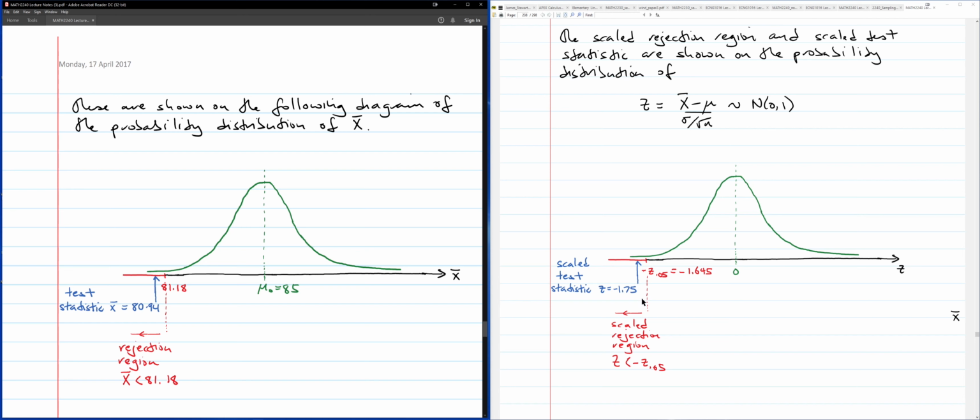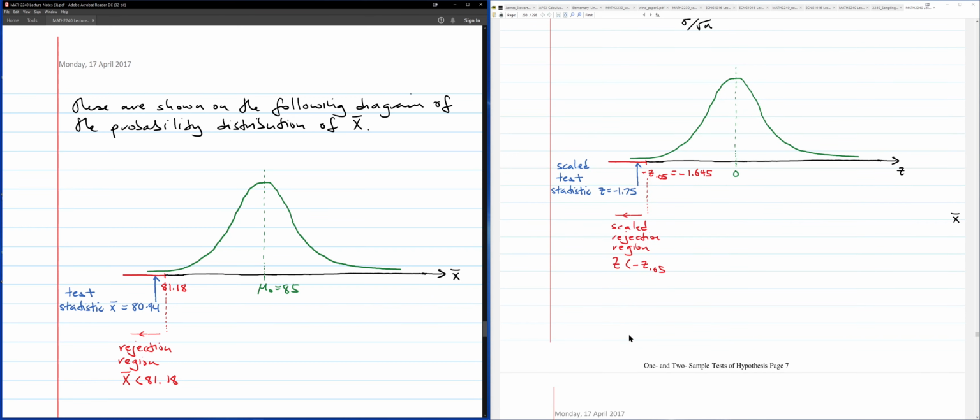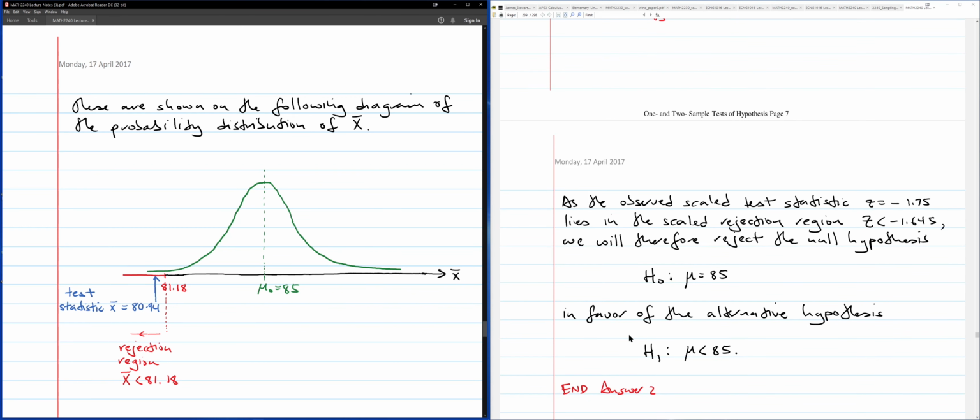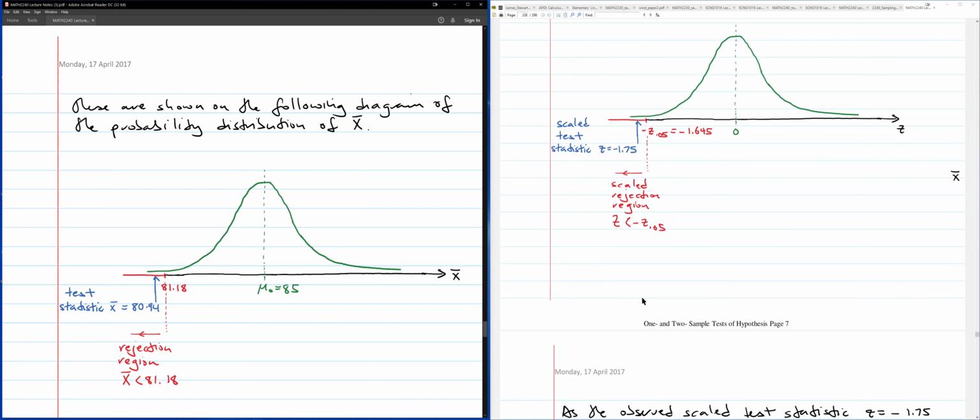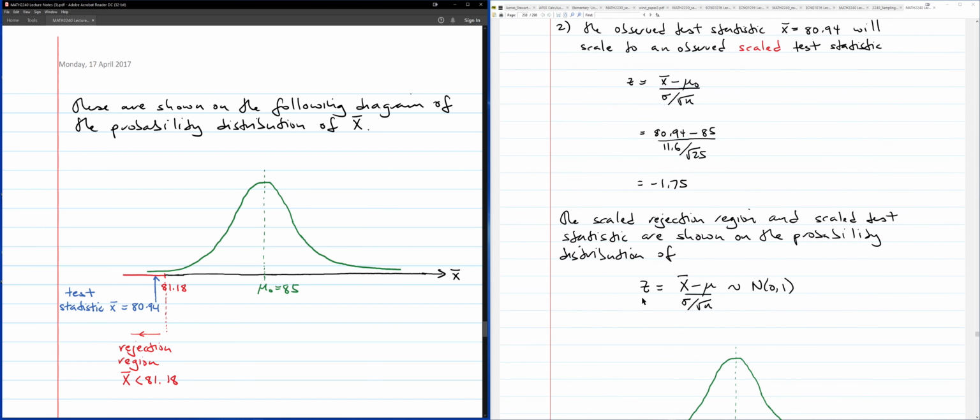What you do is look at the test statistic and check to see if it is in the rejection region or not. And if this test statistic is in your rejection region, then you reject the H0 in favor of the H1. And how do you scale?